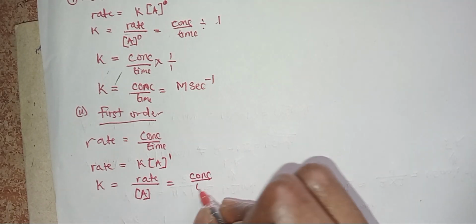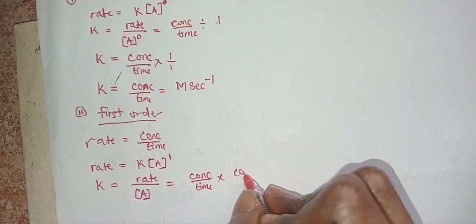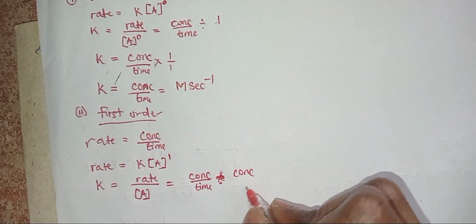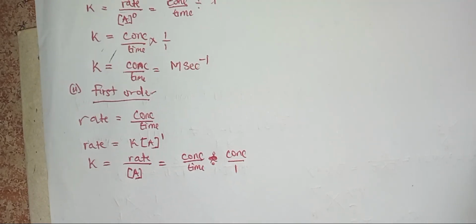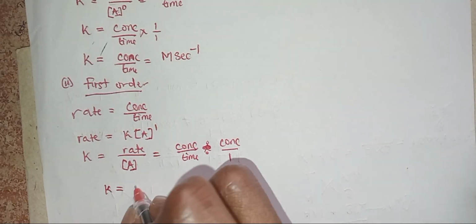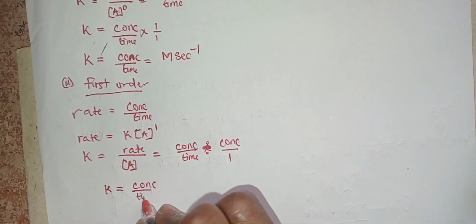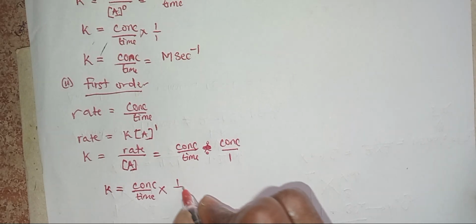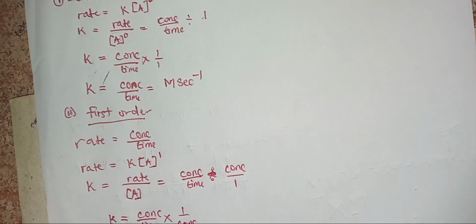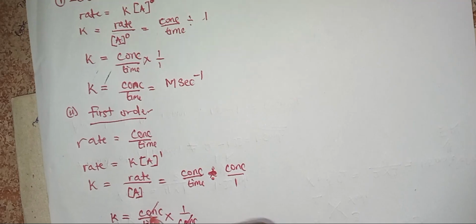Concentration upon time. K is equal to the rate, concentration over time, multiplied by 1 over concentration. This concentration that we have here is divided by concentration over 1. So you can write it again like this: the constant is equal to concentration over time multiplied by 1 all over concentration. So we can cancel our concentration up with the one that is down.